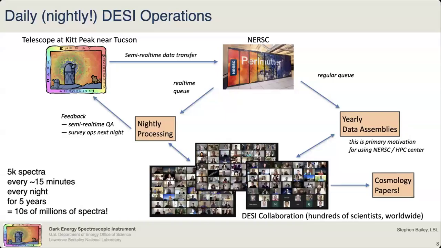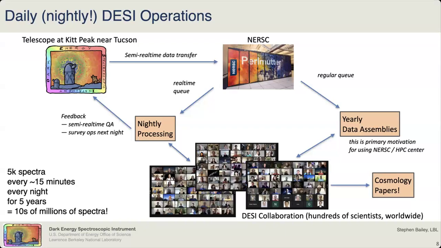So our daily operations, or maybe more aptly our nightly operations, are we have our telescope at Kitt Peak in Tucson. We have semi-real-time data transfer, copying the data to NERSC, where in the real-time queue, as soon as it arrives, we start processing it. Because we're making quality assurance, QA, data that get fed back to the observers, if anything goes wrong with the instrument, they know immediately and can react and fix it.